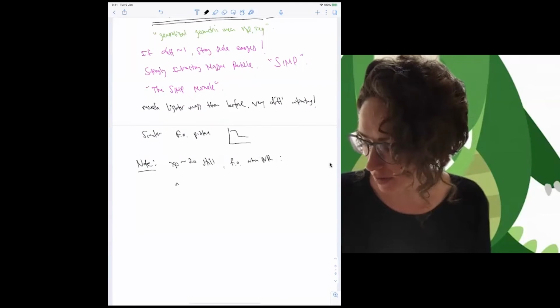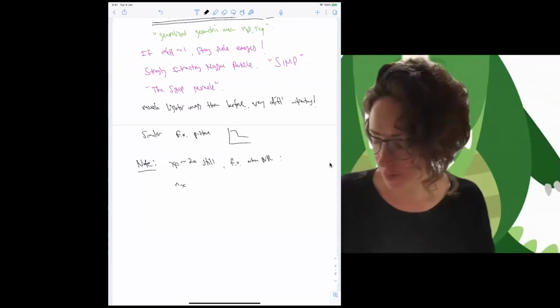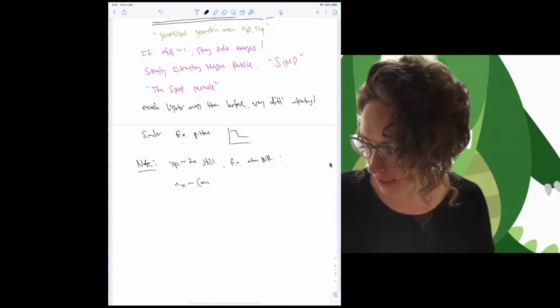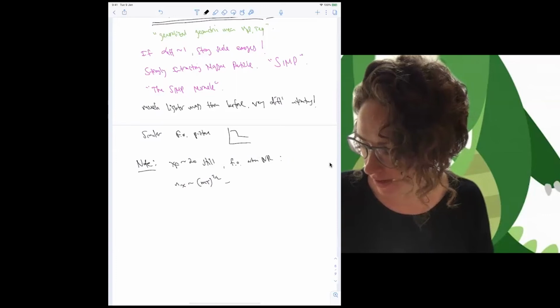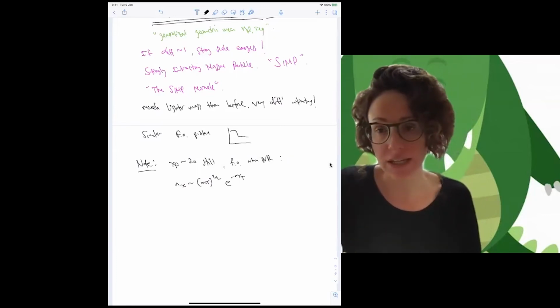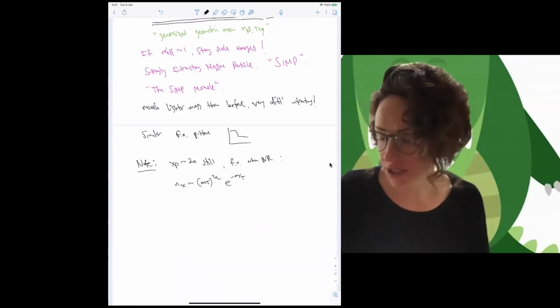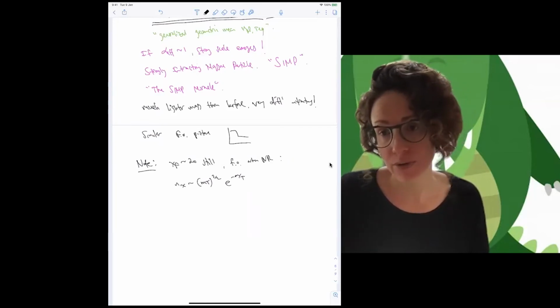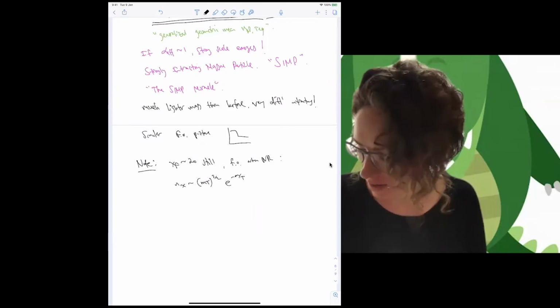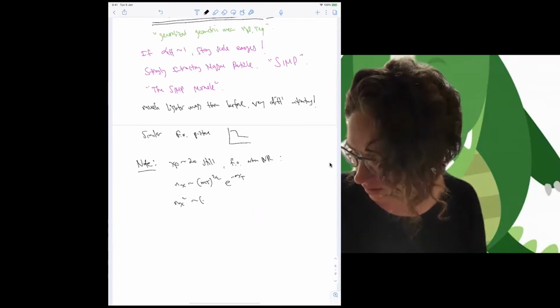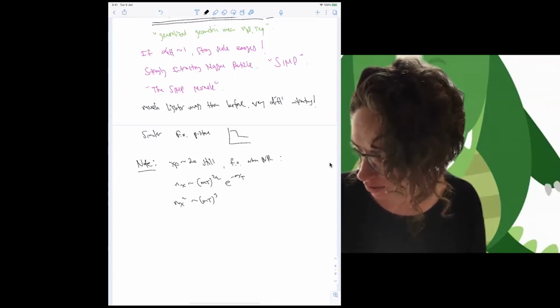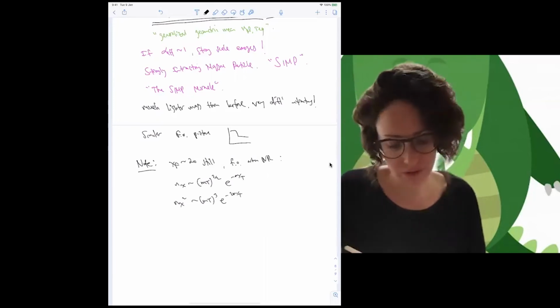So remember, we're talking about number density of dark matter, which goes like (mT)^(3/2) e^(-m/T). That's a non-relativistic number density. And so what we now have in our freeze-out condition isn't n chi, but rather n chi squared. So n chi squared is going to go like (mT)^3 e^(-2m/T).